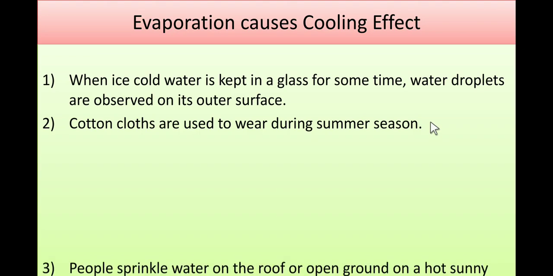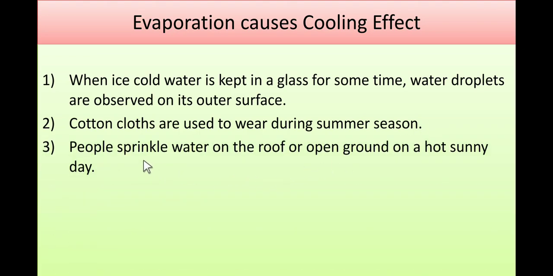Next, people sprinkle water on the roof or open ground on a hot sunny day. You may notice some people sprinkle water on the roof and on the floor to cool down the room on a hot summer day. When we sprinkle some water on the rooftop, the water evaporates very quickly.